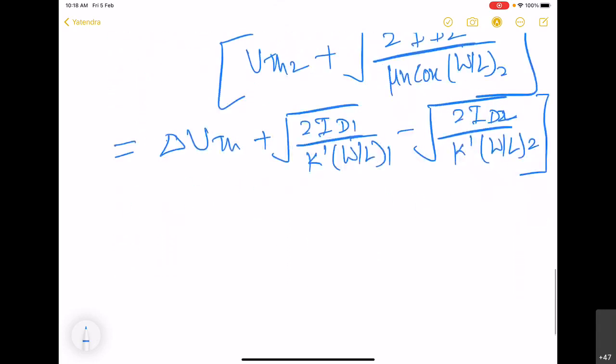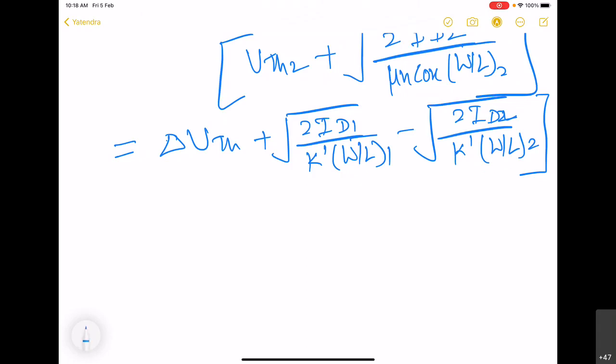So as I mentioned, our objective is to find out the expression in terms of differences in aspect ratio and differences in RD. And RD is related with drain current. So we are now going to write these drain current and aspect ratio as function of their average value and their difference value.